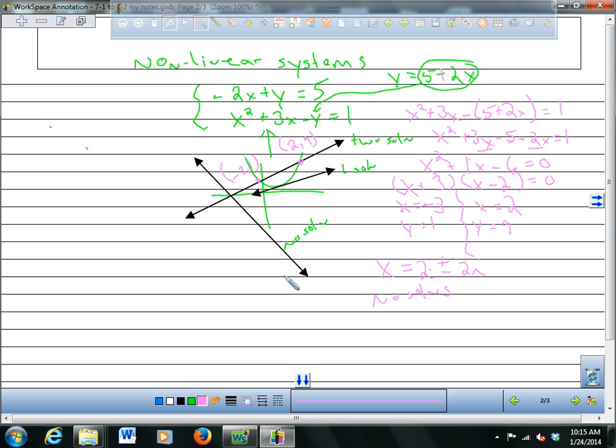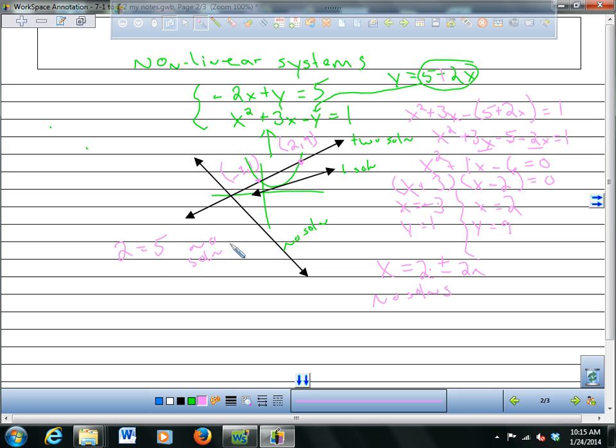If you have two lines and you end up getting something like 2 equals 5, what does that mean? Anyone know? Yeah, no solution. If you're solving a system of two equations and you get something like 2 equals 5, that means no solution.